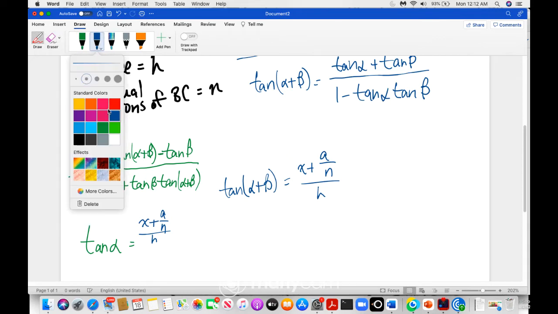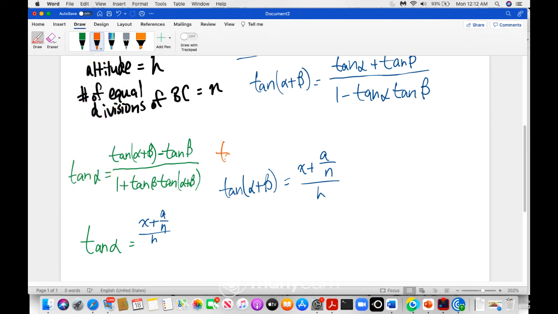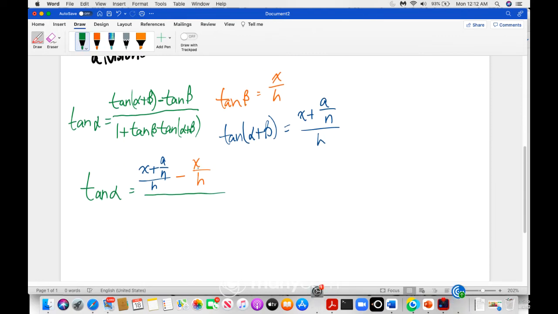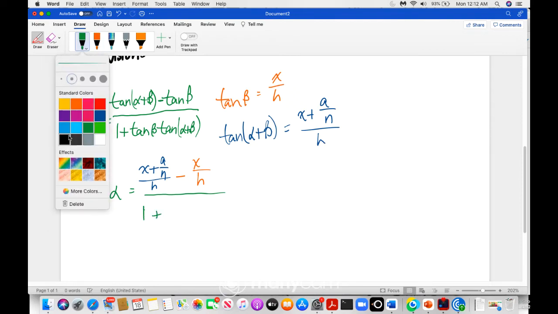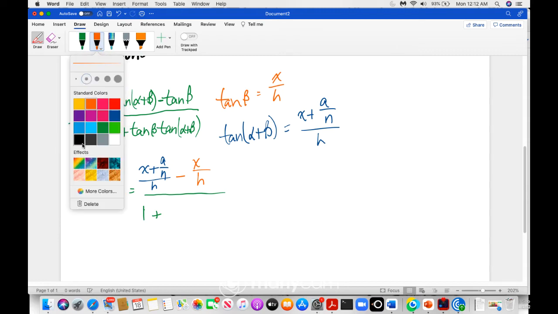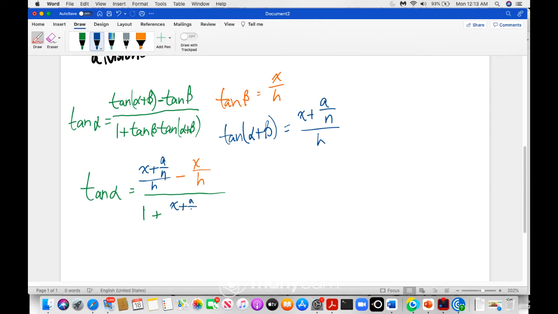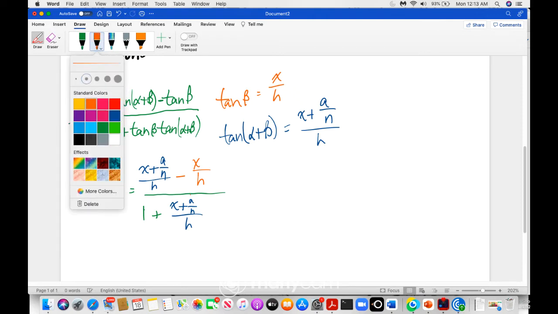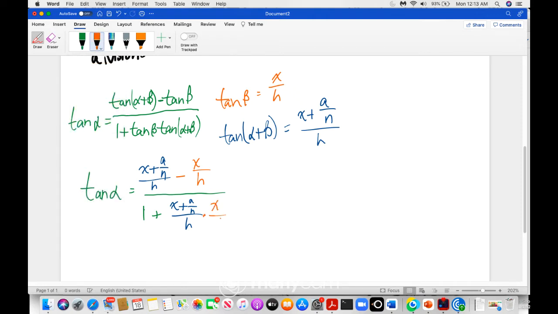So we'll do orange. Okay, minus the tangent of beta, all divided by 1 plus the product of those two things. So 1 plus, and then we had, let's see, divided by h times x over h.